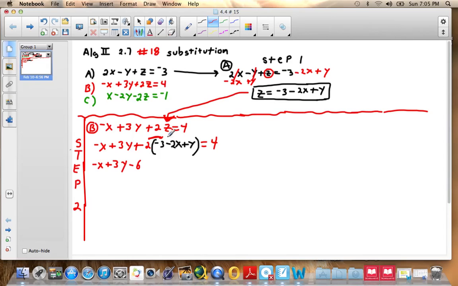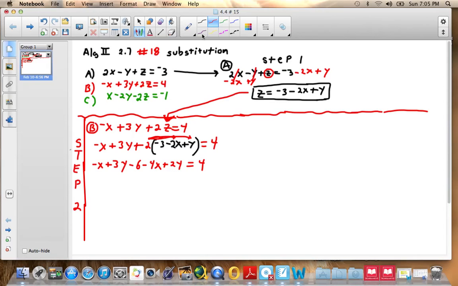And then 2 times negative 2x gives me a minus 4x. And again, because I'm distributing, I do all terms. 2 times y is plus 2y. And all of this is going to be equal to 4. So that is where this portion comes from: the minus 6, the negative 4x, and the 2y.